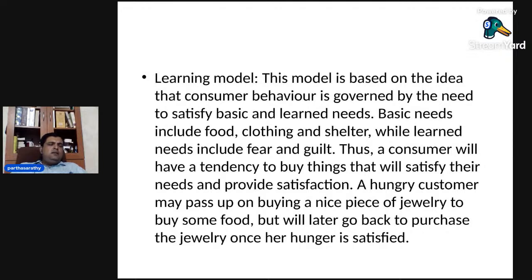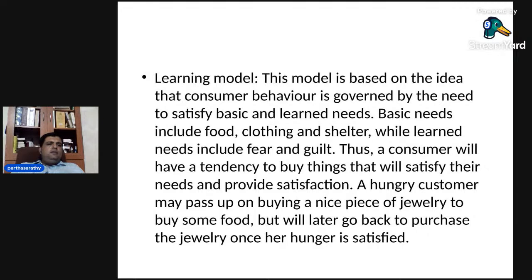It is common sense, and that is why Maslow's need hierarchy theory is a very widely accepted theory, because it classifies the motivation of each customer at different levels of hierarchy.